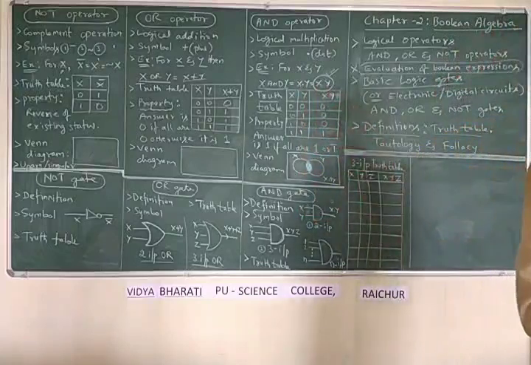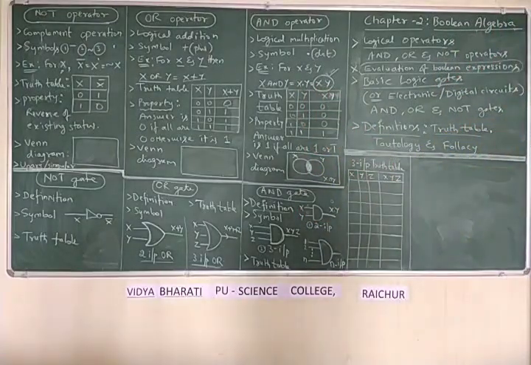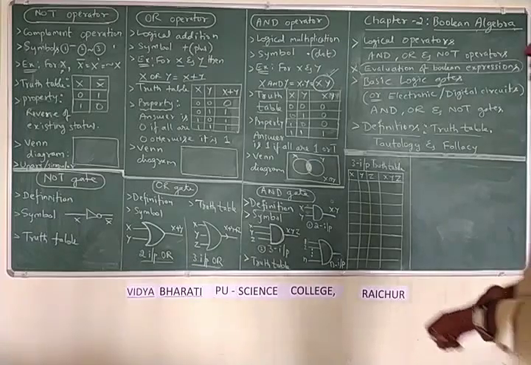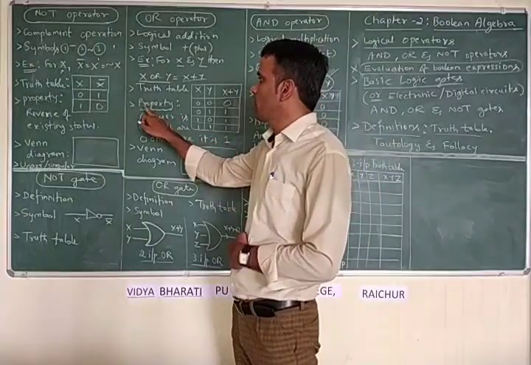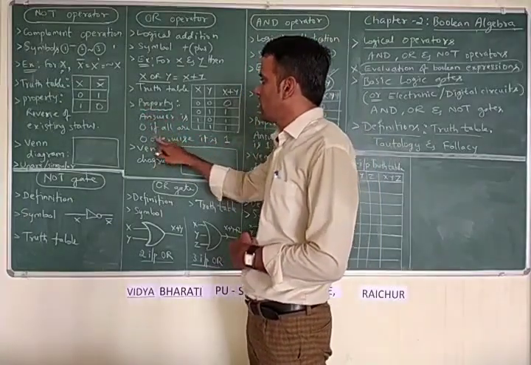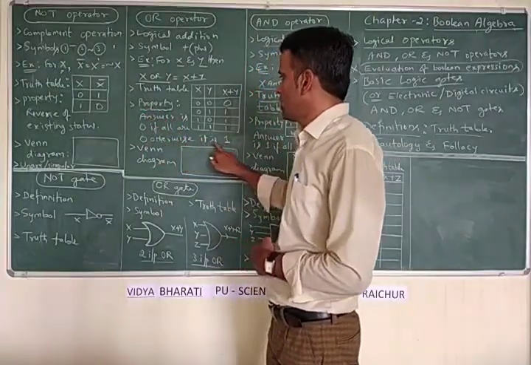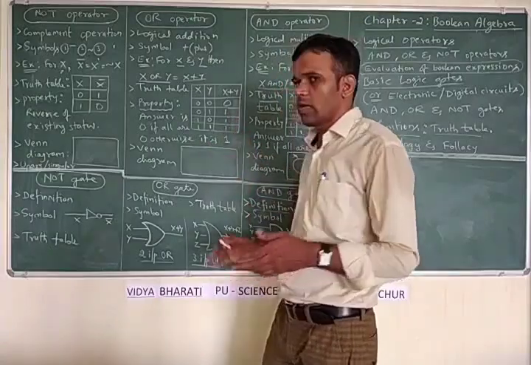In the truth table, you can observe the answer is false, or 0, when all are false. Otherwise it is true, or 1. This is the property: the answer is 0 if all are 0, otherwise it is 1. This is logical addition.